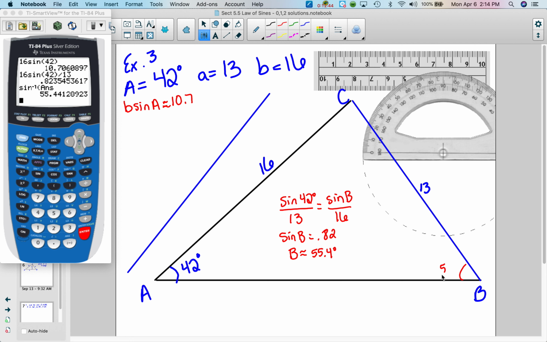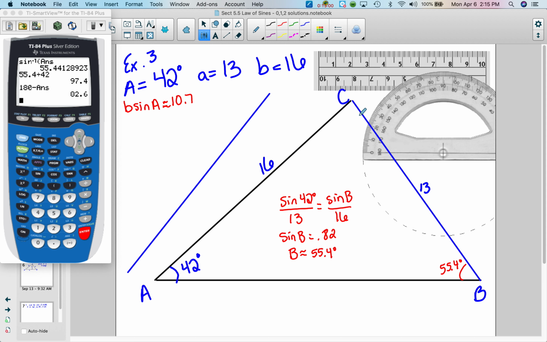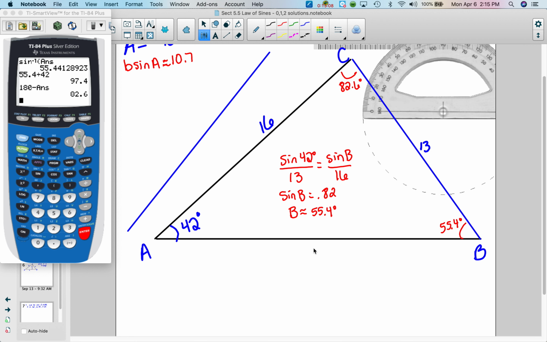So that's here, 55.4 degrees. Well, now I can figure out angle C. So 55.4 plus 42, and we do 180 minus that, and I get 82.6 degrees. So now we're only missing one part, and that's side C.